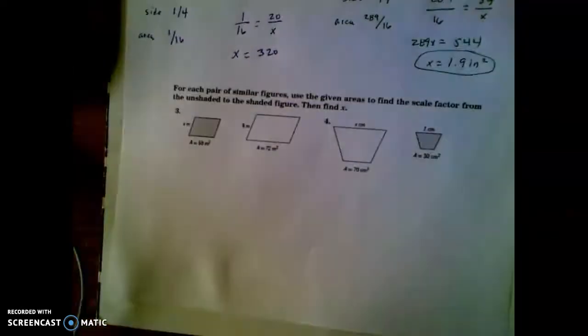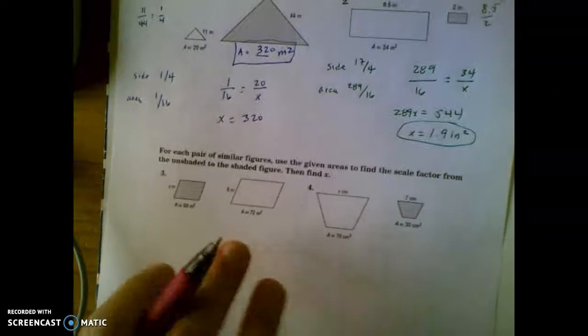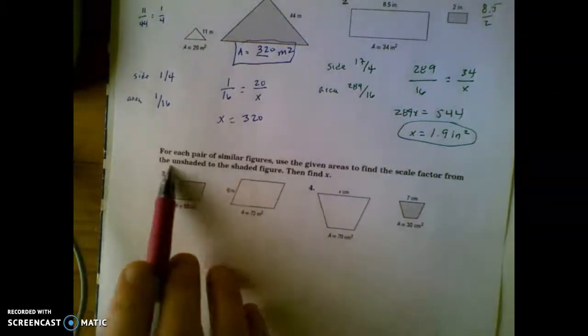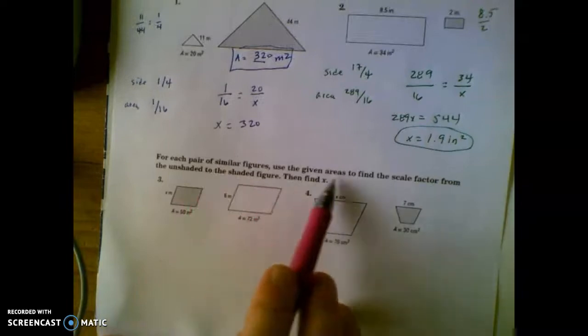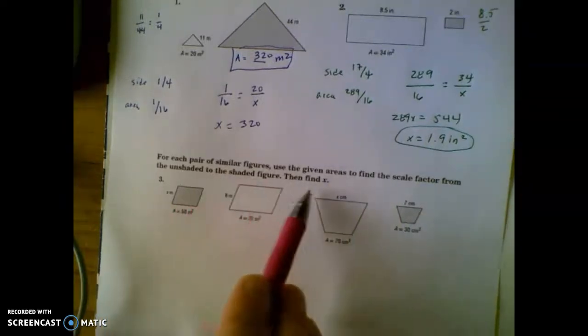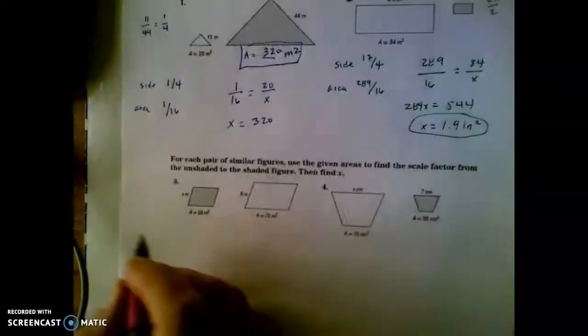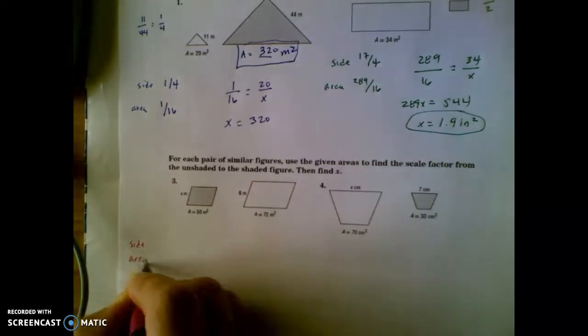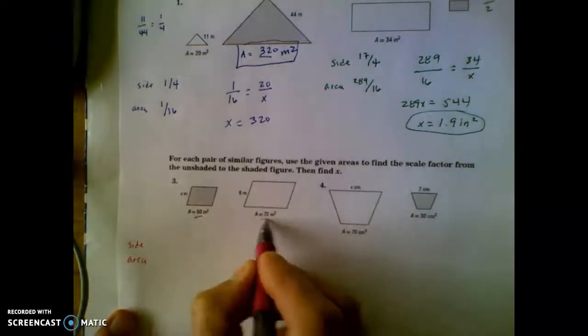Good, so let's take a look at these. So that's those 2. You were looking for areas. Down here you're going to be looking for side measurements. It says for each pair of similar solids, use the given areas to find the scale factor from the unshaded to the shaded, then find the value of x. So again, I'm still hunting for my side ratio and my area ratio. Area ratio I can get because I have the areas.